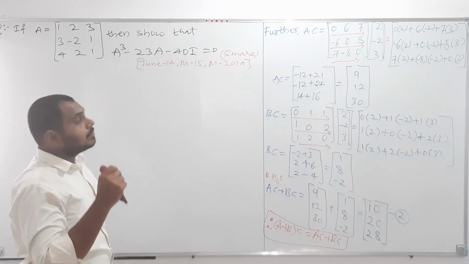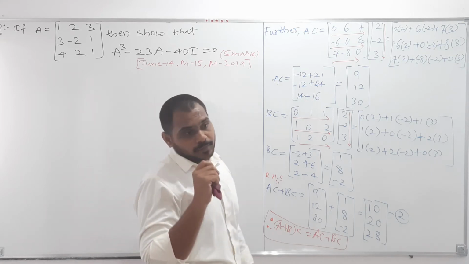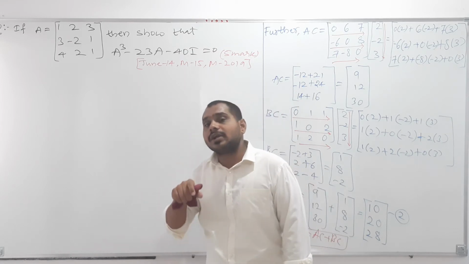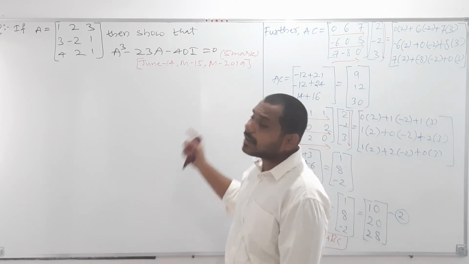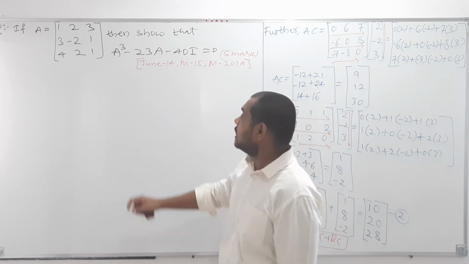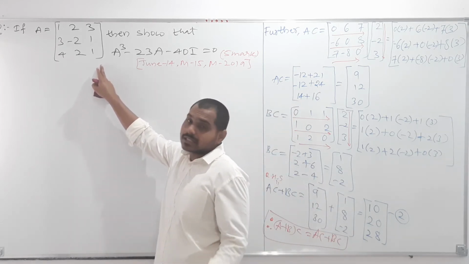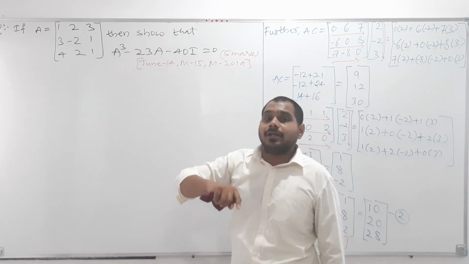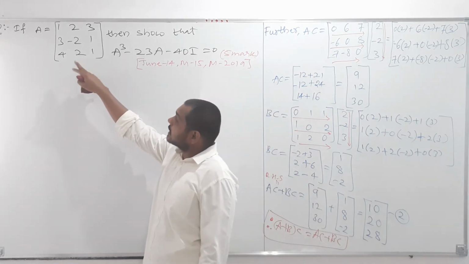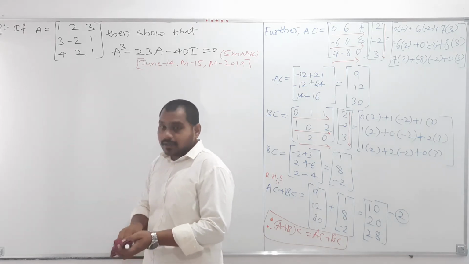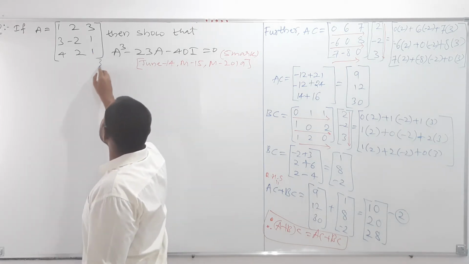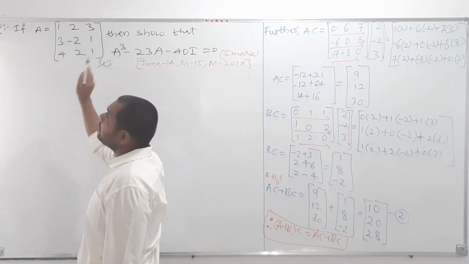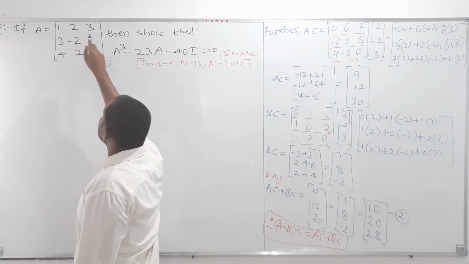So what is I? I means the identity matrix, as I already discussed in the types of matrices. The order of the identity matrix we take based on the order of the matrix given in the question. Here, what is the order of the given matrix? The matrix is of order 3 cross 3, because 3 rows are there, 1, 2, 3, and 3 columns are there.